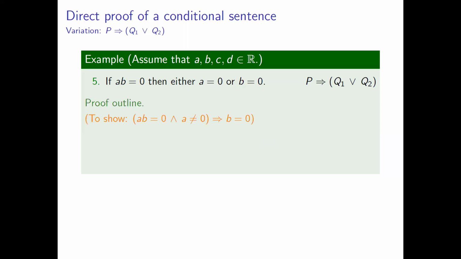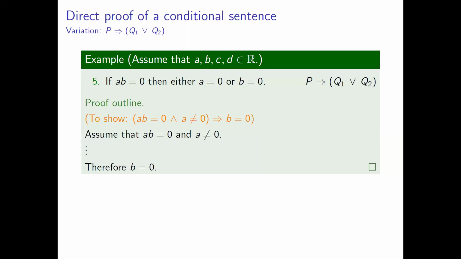To prove the claim, we need to prove that if A times B equals 0 and A is not equal to 0, then B equals 0. Alternatively, we can prove that if A times B equals 0 and B is not equal to 0, then A equals 0.